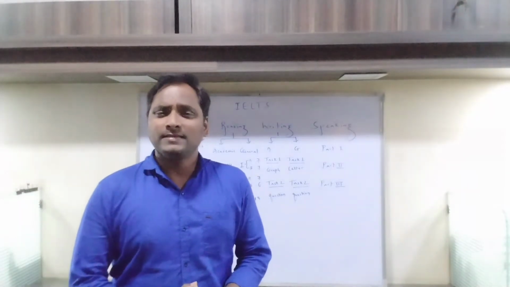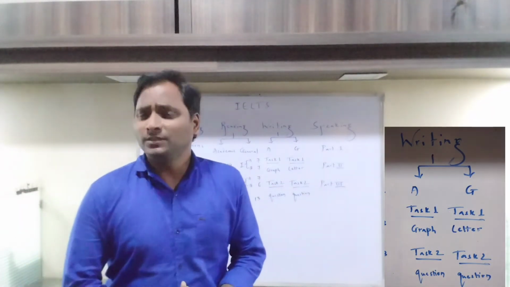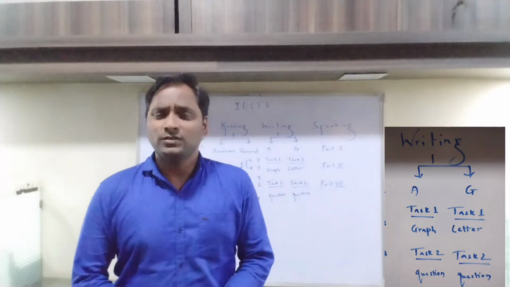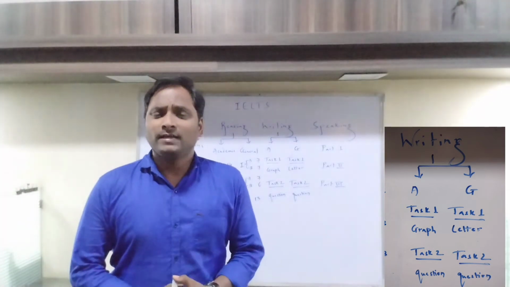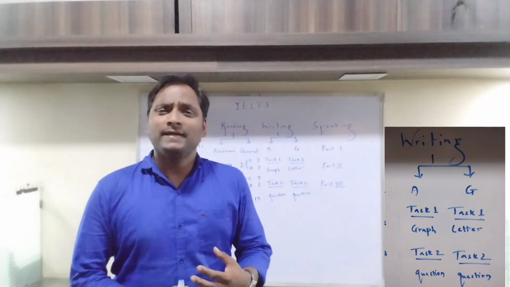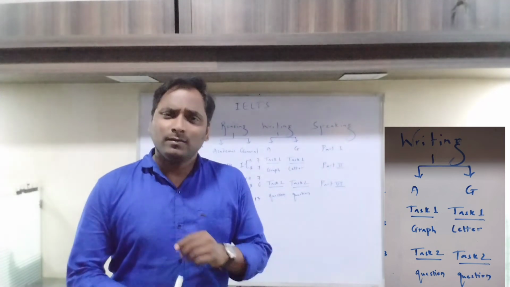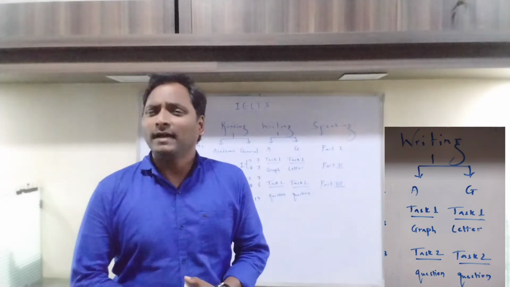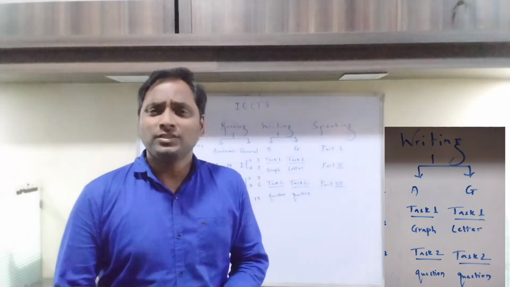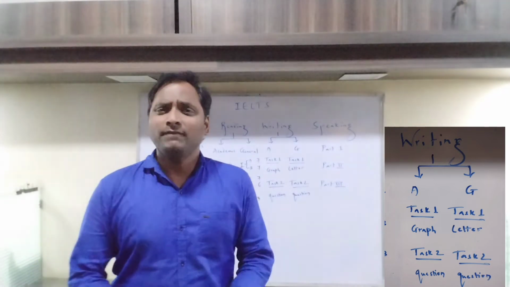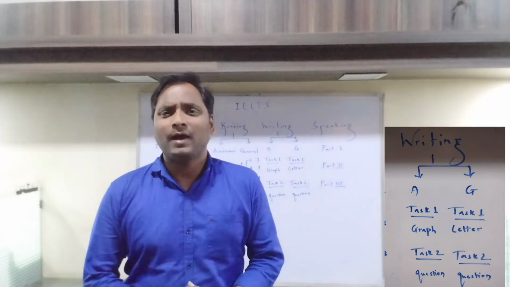Writing, again, is diversified for academic as well as general students. For the academic students, we have task 1, where there is a graph, a representation of some directions or something related to that. And then task 2, which is common for both academic as well as general students. It's a question which is asked and you're supposed to write on it.